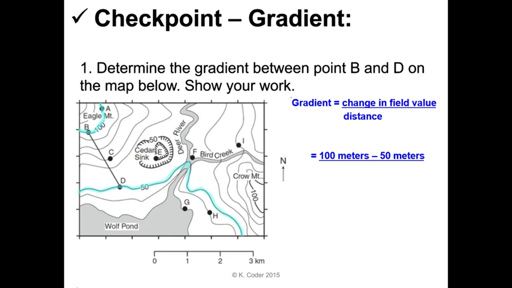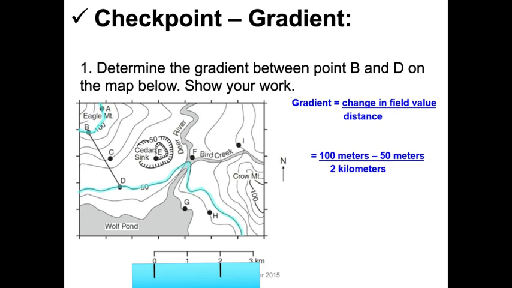So we're going to take out that piece of scrap paper, put it on B, make our mark, put it on D, make our mark, and move it down to the scale, and we see it's 2 kilometers. And we're going to plug that into our distance on our gradient equation. So 100 meters minus 50 meters divided by 2 kilometers.